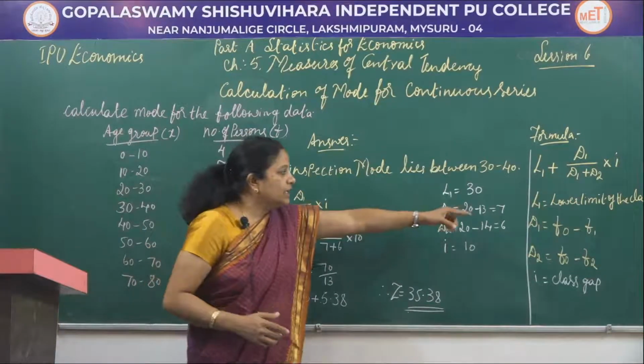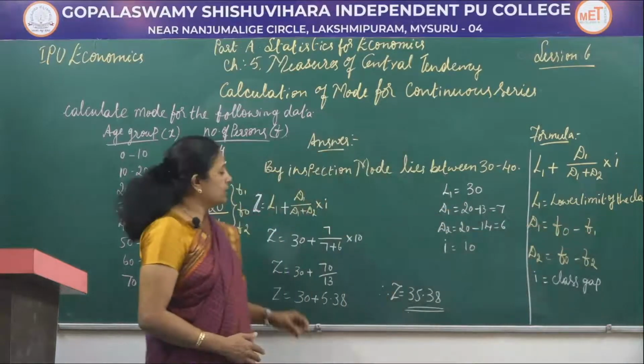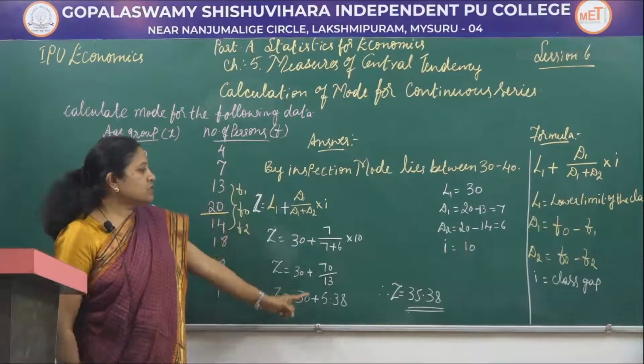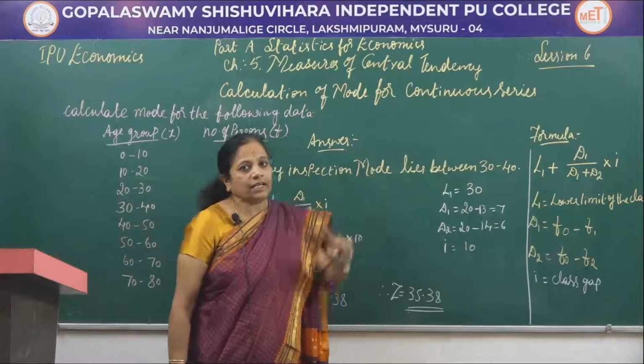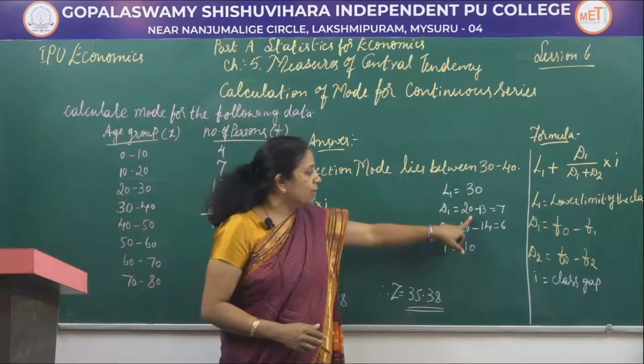So, delta 1 is the difference between F0 and F1. F0 is 20, so 20 minus 13, which is 7. This is the change between these two numbers.